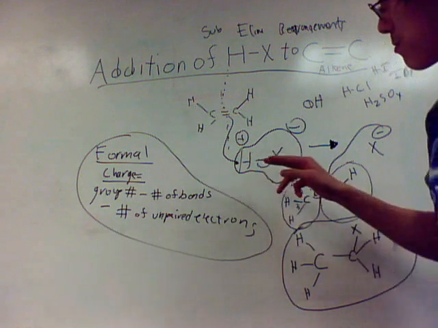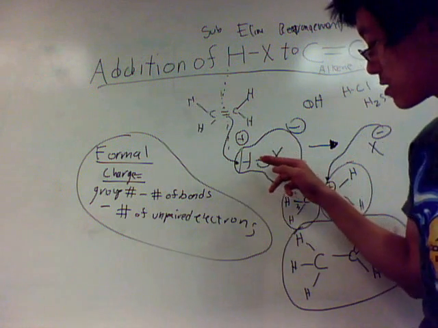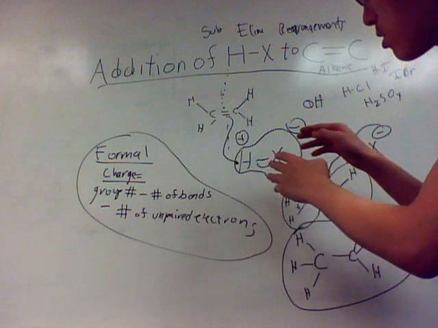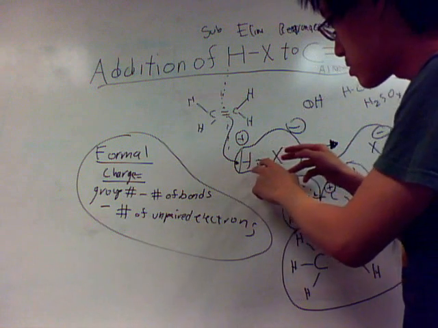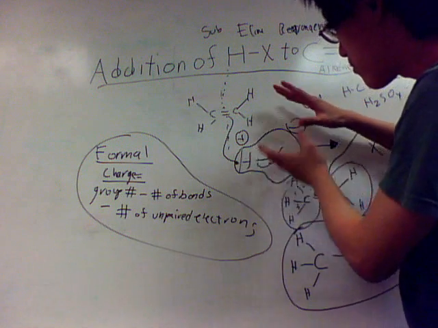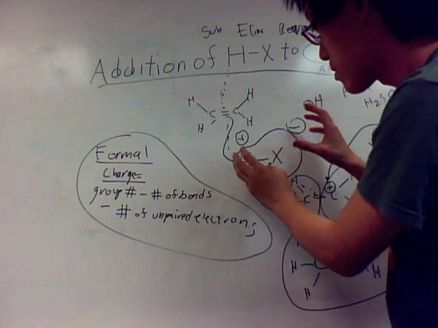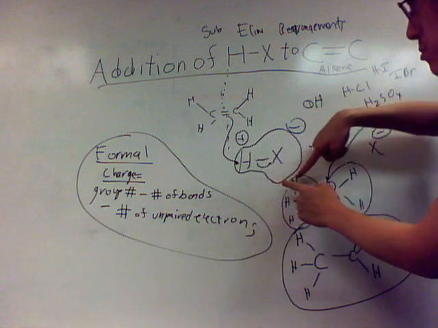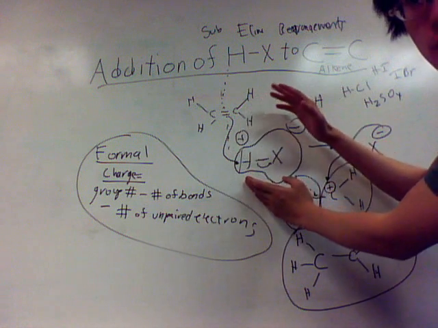So what happens is the hydrogen halide is an electrophile, or the H of the hydrogen halide is the electrophile. The reason it's an electrophile is because of electronegativities. So you can see it from the perspective of an electrostatic map, which is what I've drawn here. It looks like this.